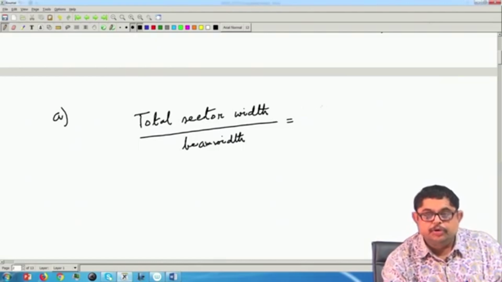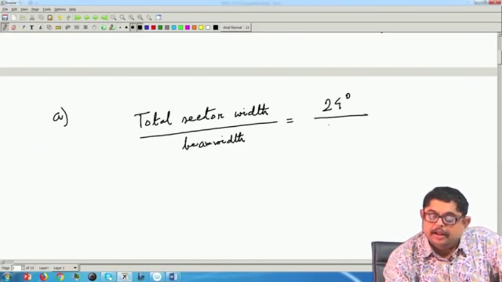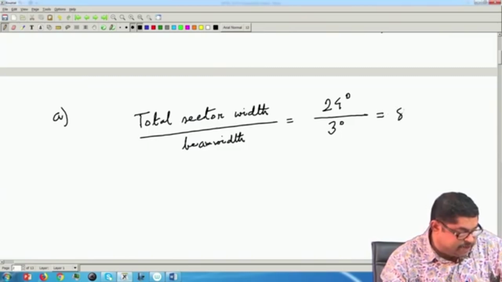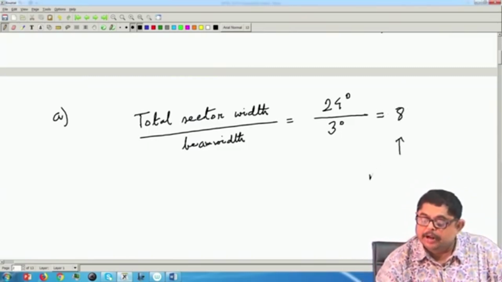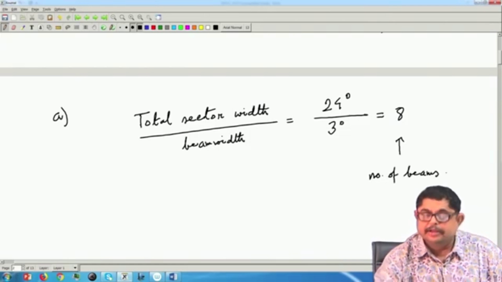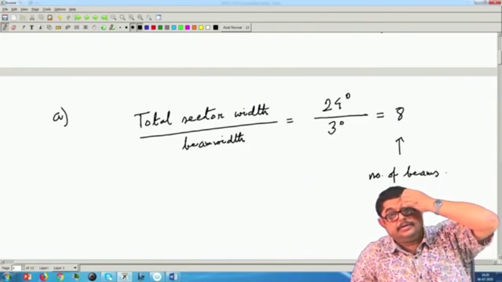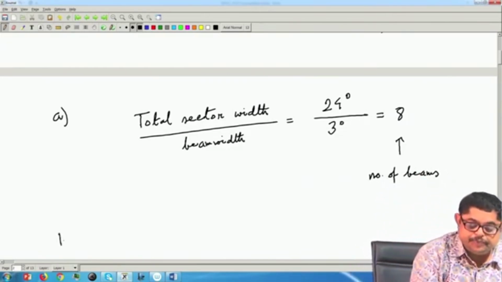Both the things are given in degrees. Total sector width is 24 degree, angular width, and beam width is 3 degree. So, 8 beams are required. So, I can say that the number of beams required to process the entire sector will be 8, as simple as that.